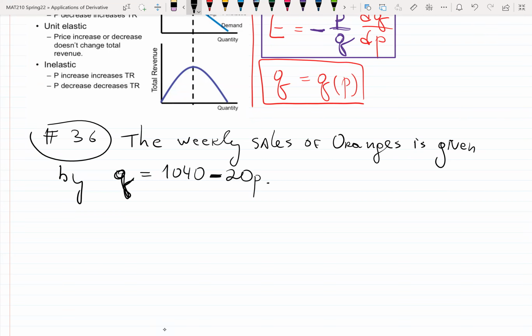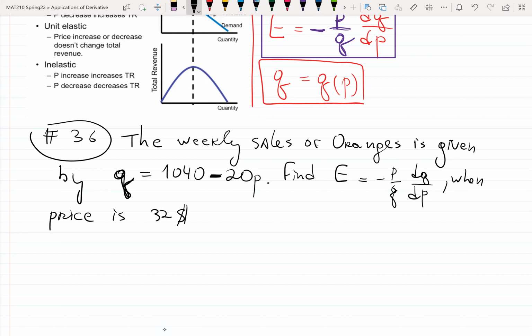Calculate the price elasticity. Find E, which is minus P over Q, dQ over dP, when price is $32 per orange. That's why I'm mentioning the fancy grapes example, that apparently it exists. Why not?